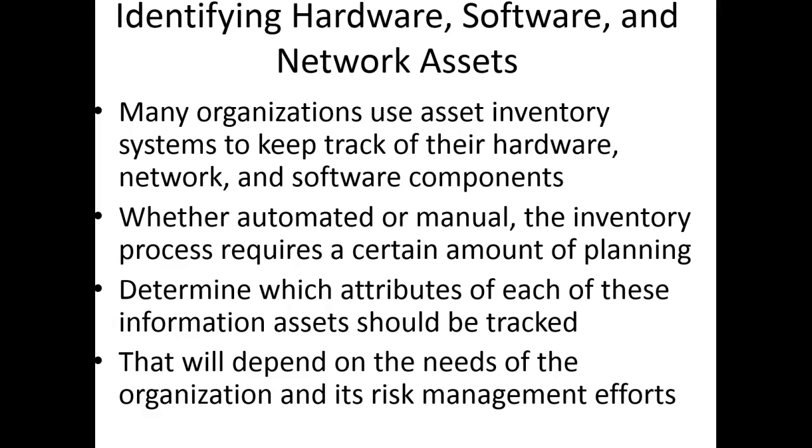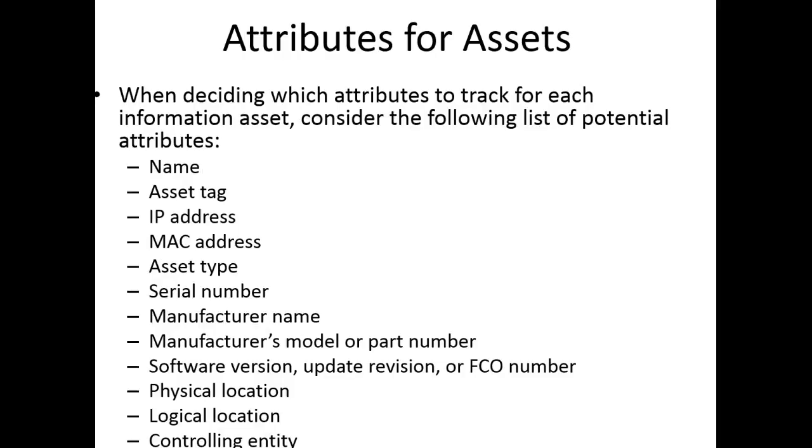Whether it's automated or manual, the inventory process needs a certain amount of planning. Determine which attributes of each of these information assets should be tracked. That will depend on the needs of the company and its risk management effort. When deciding which attributes to track, we need a list of potential attributes.